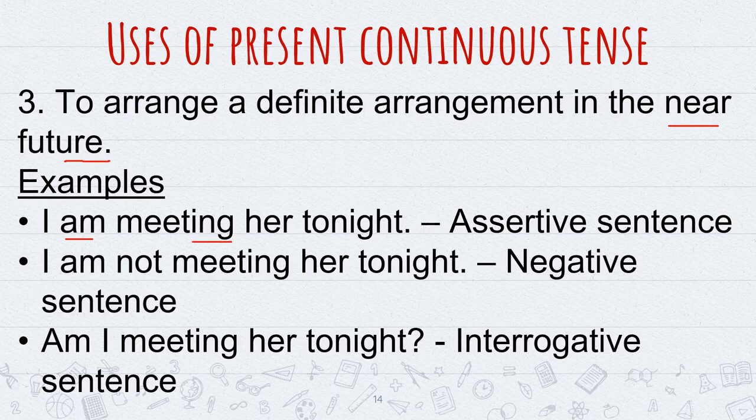So this is my assertive sentence. For negative, I have added not. That is, I am not meeting her tonight. And for the interrogative sentence, I have started my sentence with am and ended it with a question mark. So the sentence is: am I meeting her tonight?